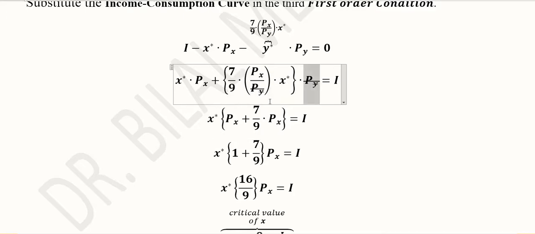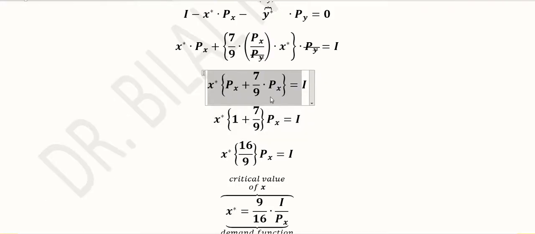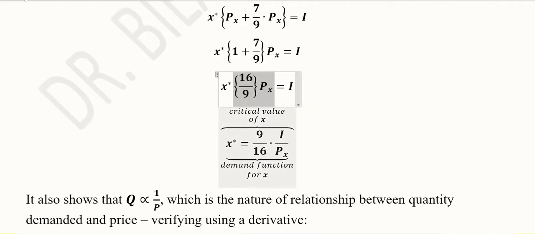Its symbol is now gone, and now I am left with this term, and in this situation px is common, it is extracted, and now I can extract the value of x, which I am in search of, by shifting all these terms to the right hand side.